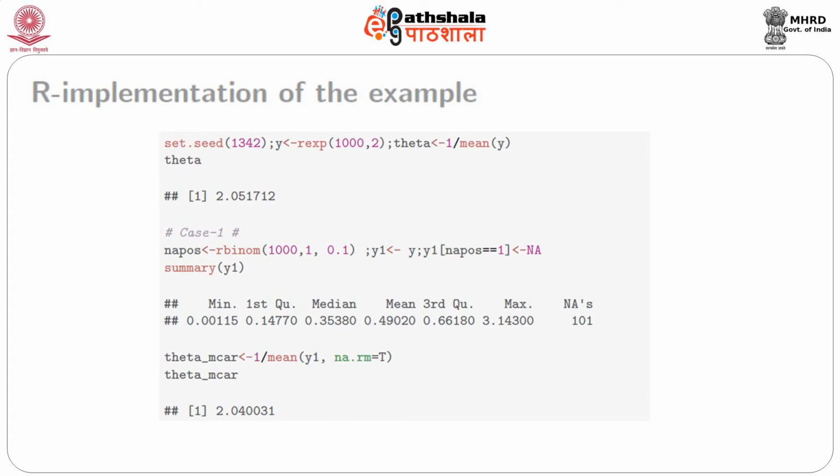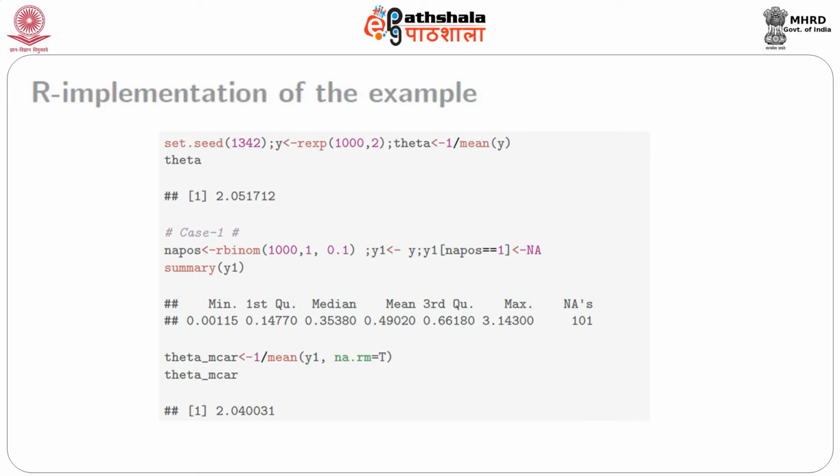Now, suppose we forcefully introduce a missing data mechanism. How do we introduce it? By choosing positions randomly where the values would be missing. So, we do it using a binomial function.